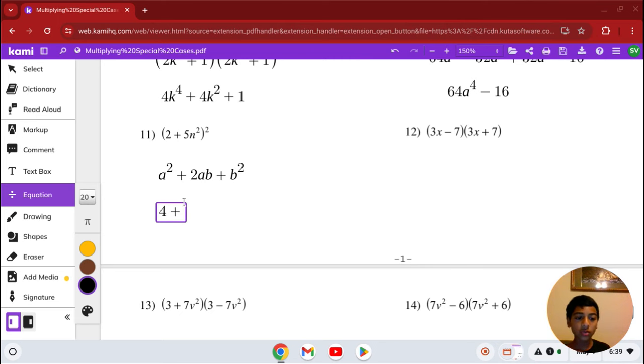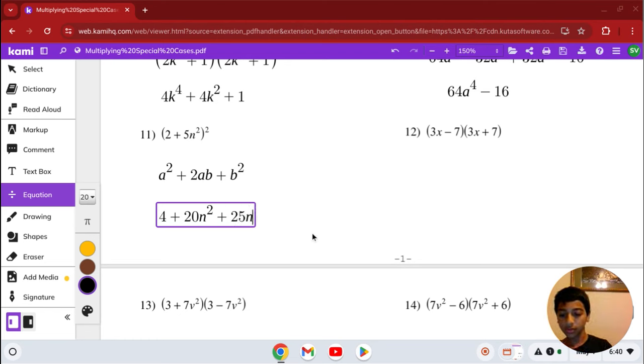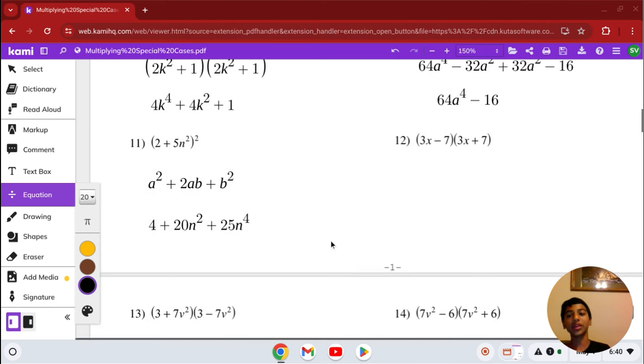So 5n squared times 2, which is 10n squared, times 2 is 20n squared. And finally, plus b squared, 5n squared times 5n squared is 25n to the fourth. It would still work if you factored this, it would still be the same. If you wanted to multiply and check it, you can, and it will equal this.